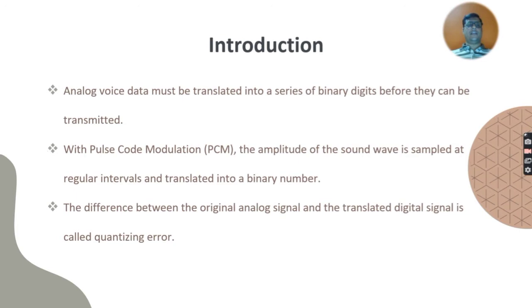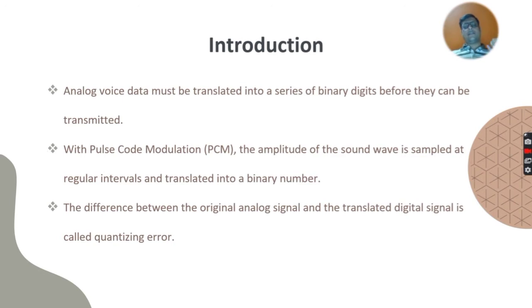So with the help of this PCM, the amplitude of the sound wave is sampled. That means the analog signal is sampled at a regular interval of time, and that sampled signal is identified with the help of a sampling frequency which satisfies the Nyquist rate. The Nyquist rate states that the sampling frequency must be greater than or equal to twice the analog input frequency.